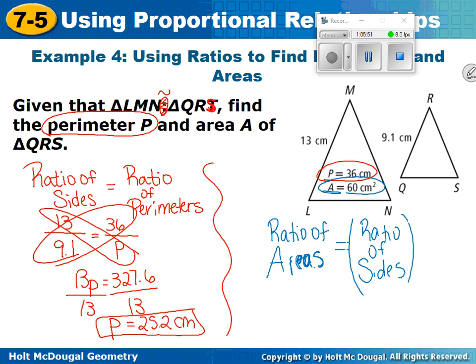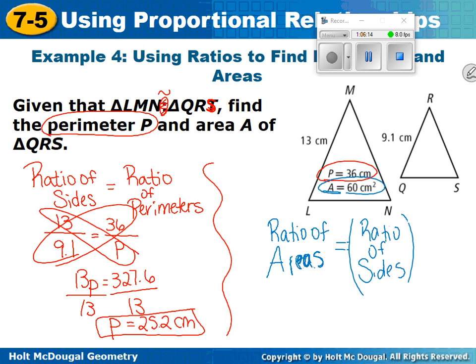So the ratio of the areas will equal the ratio of the sides squared. Okay, and now we're going to do that. So 60 over A equals, what's 13 squared? 169, right? And what's 9.1 squared? 82.81. And then we're going to cross multiply.